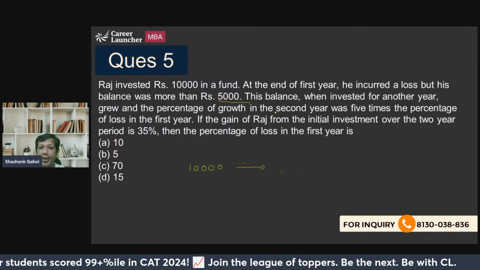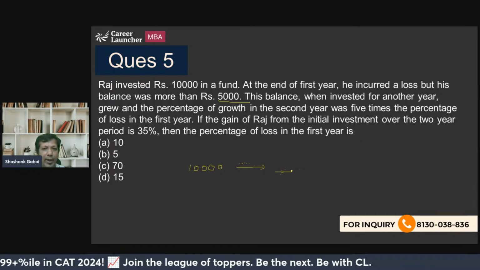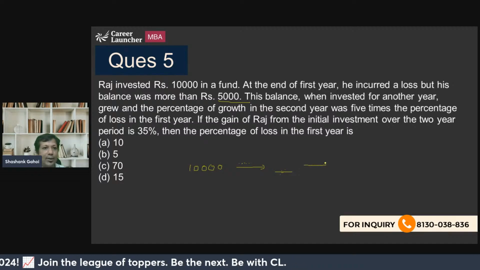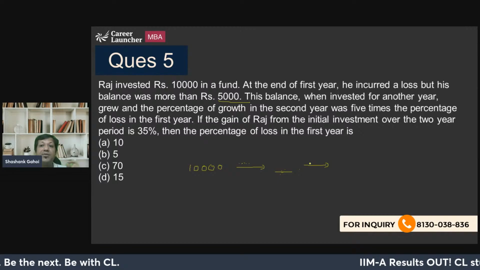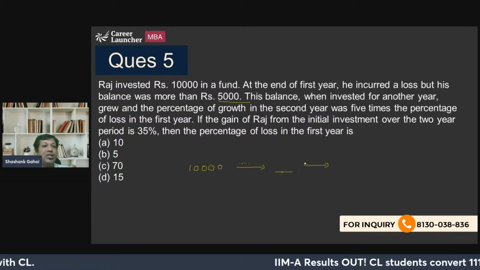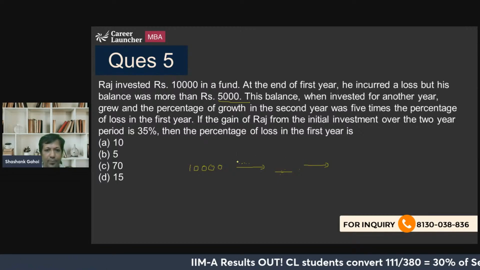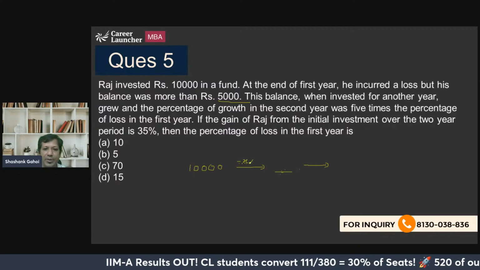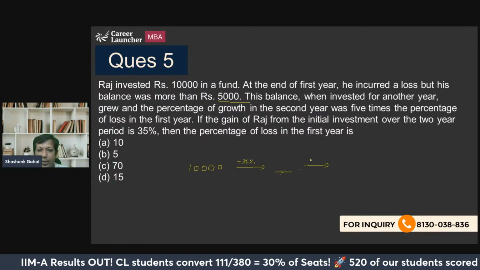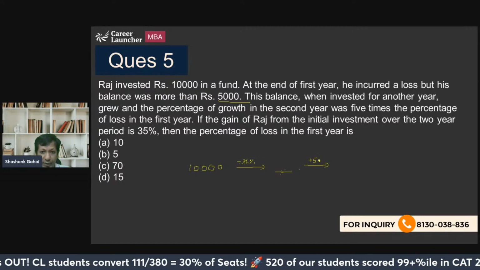Okay. This balance, we got some balance when invested for another year, and the percentage growth in the second year was 5 times the percentage of loss in the first year. Okay. So let's say we have X% loss in the first year. So in the next year, there is a profit of 5X%.